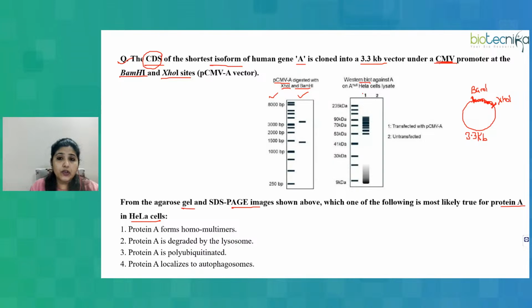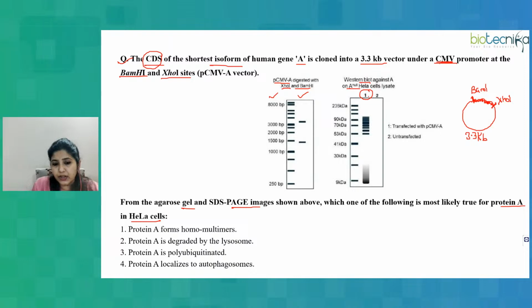Western blotting, although you study it in subunit B of unit 13, that is histochemical and immunotechniques. So here it's a combination-based question, where they have given you restriction digestion from subunit A of unit 13, and Western blotting from subunit B of unit 13. Here it is the Western blot against A on a HeLa cell lysate.